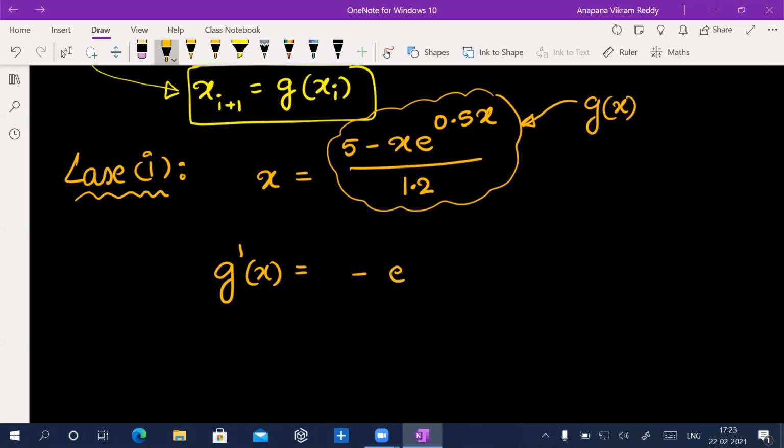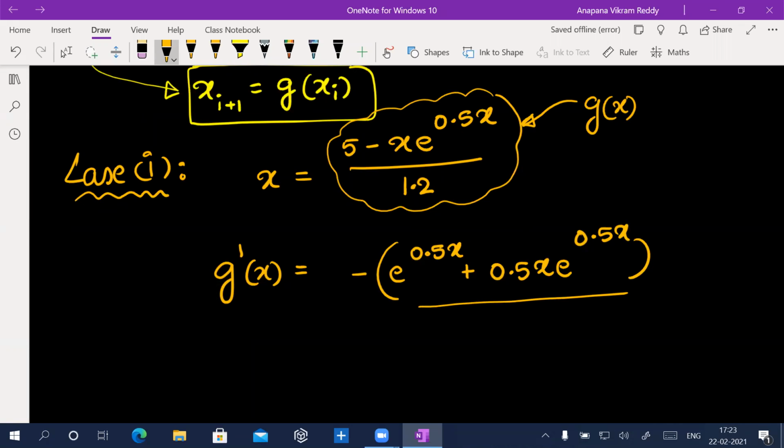I think you must get minus e power 0.5x, taking minus common, plus 0.5x e power 0.5x, divided by 1.2. Yes or not? Just derivative.